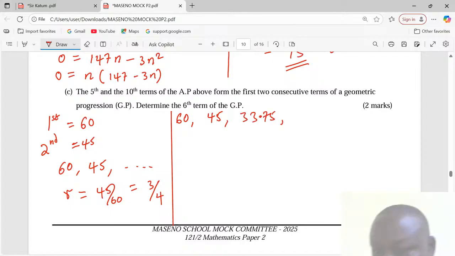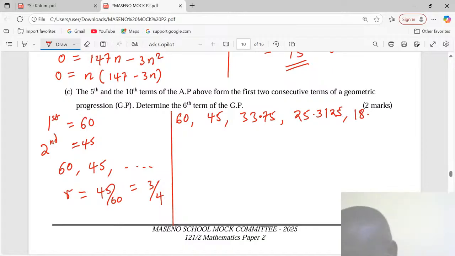Then we also multiply this by 3/4 again to get 25.3125. We multiply again by 3/4. We get 18.984375. Then this is 1, 2, 3, 4, 5.